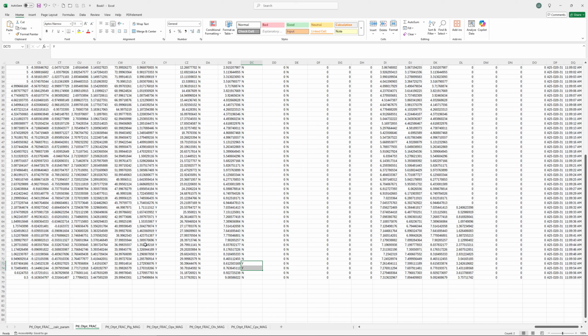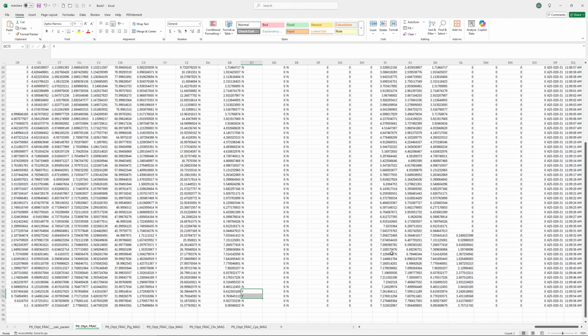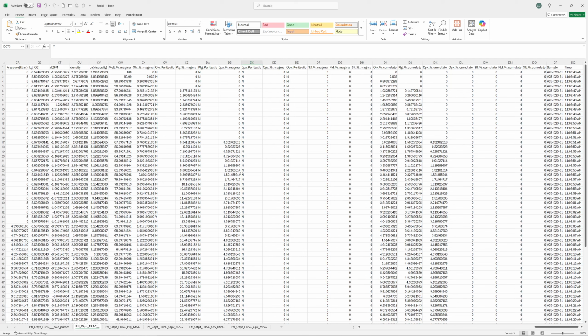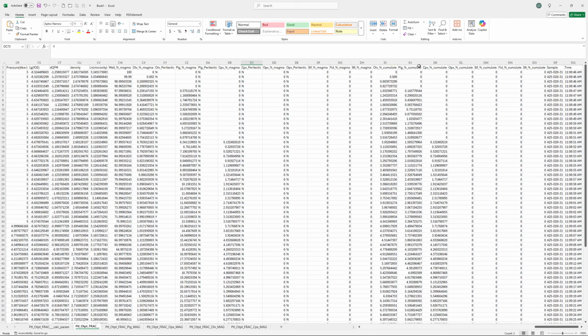And you know that crystallization of olivine is proceeding because in the cumulate, which is this column here, the amount of olivine keeps increasing. This is the olivine which is separated. So we know that we have peritectic reaction occurring when olivine is dissolving, and orthopyroxene is the reason for that dissolution.